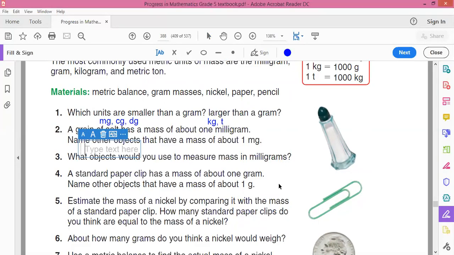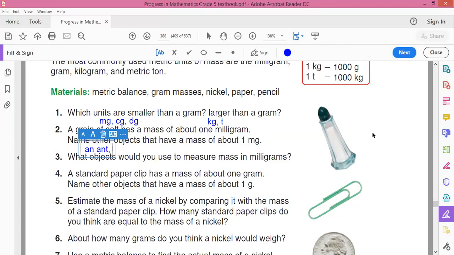The lightest weight ever. An ant, very good.